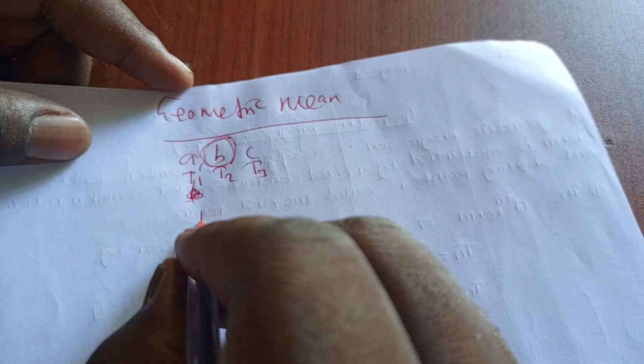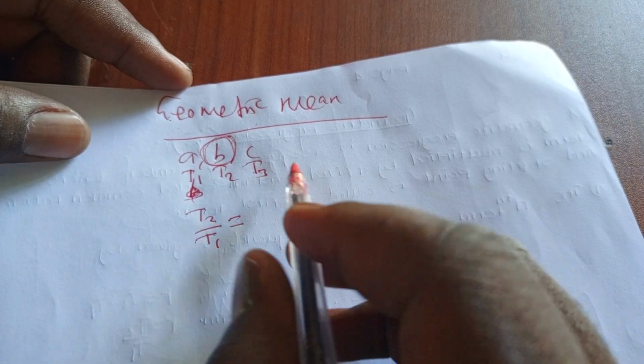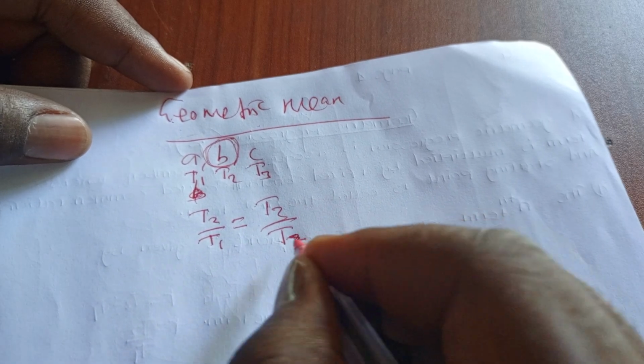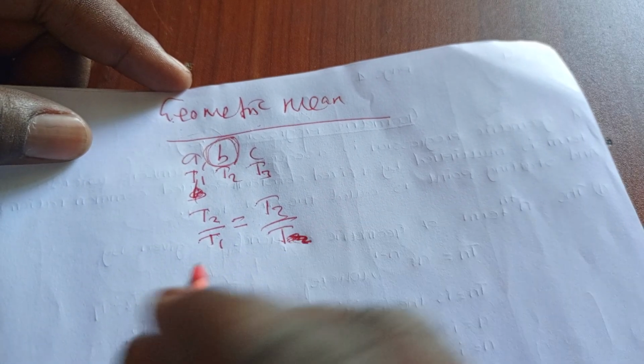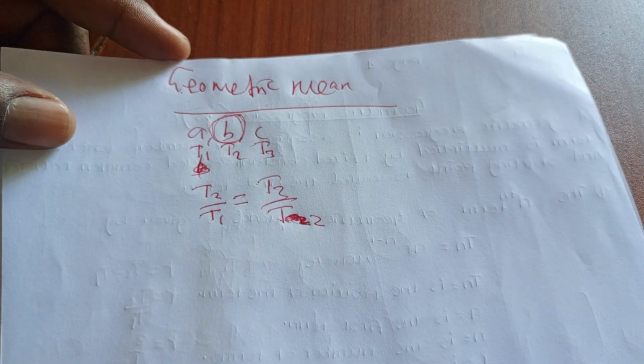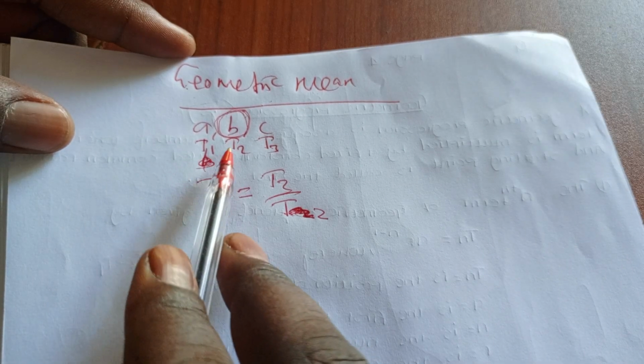So we're going to say T2 over T1 is the same as T3 over T2. Our T2 in this case is b.